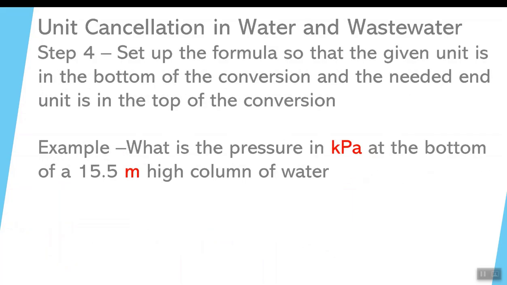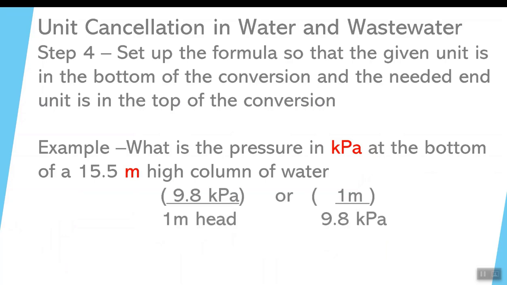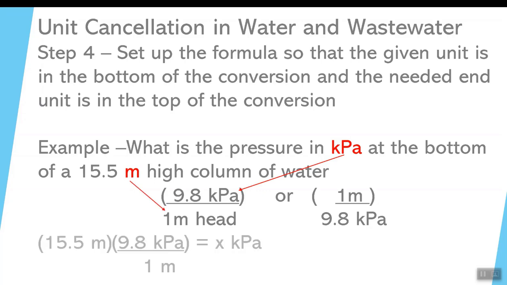Now that we have identified our starting unit, our ending unit, and the conversion, we can set it up. And just to confirm, the final unit is at the top, the starting unit is in the bottom. So this is a confirmation. We want to double check to make sure that we're doing this right.